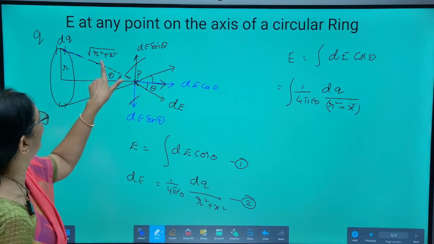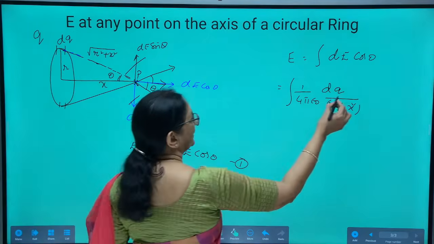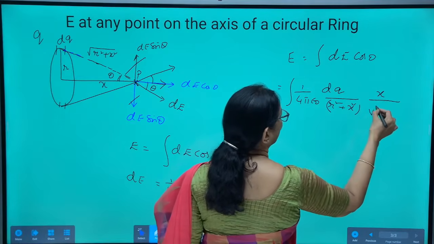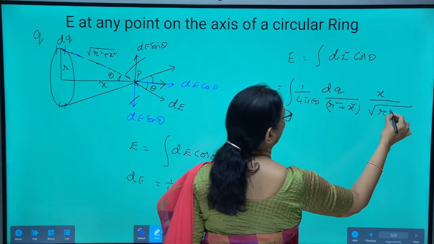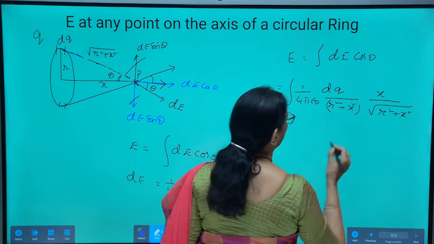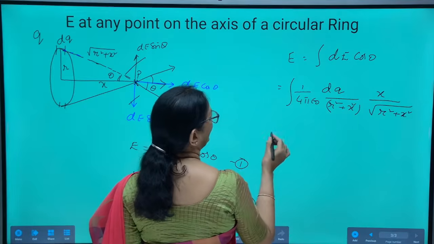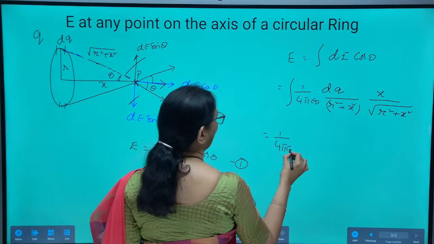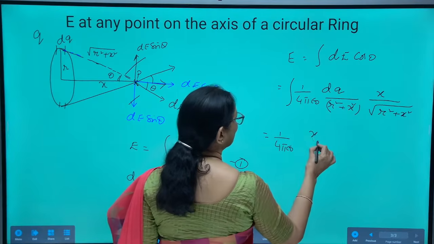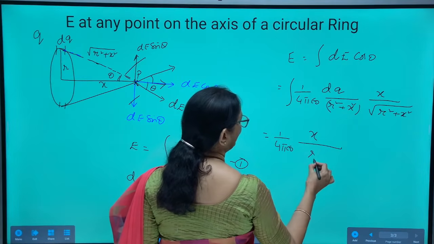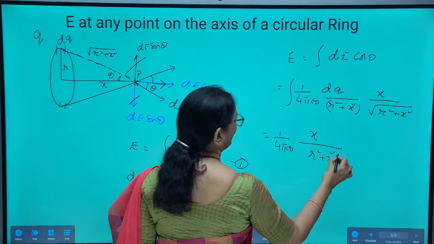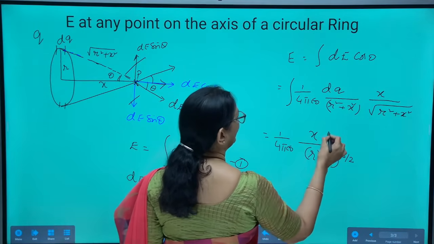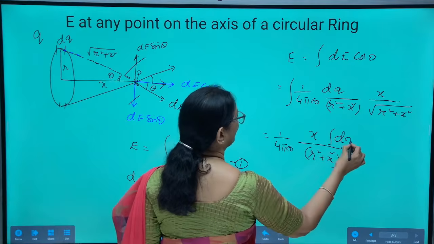Adjacent side is x, hypotenuse is root of r square plus x square. So, cos theta is x by root of r square plus x square. So, we can take all the constant factors outside. It is 1 by 4 pi epsilon naught, x by r square plus x square to the power of 1 plus half, that is 3 by 2, integral dq.